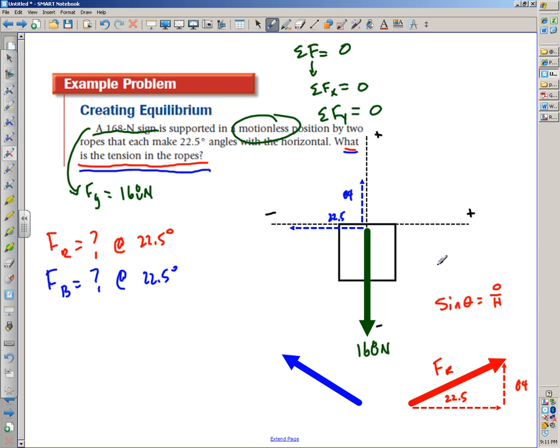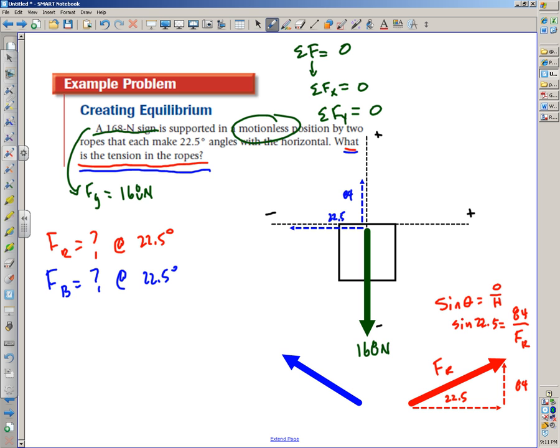So that means now we start plugging in things that we know, right? Sine of 22.5 equals opposite, which is 84, over the hypotenuse, which we've labeled f sub r.